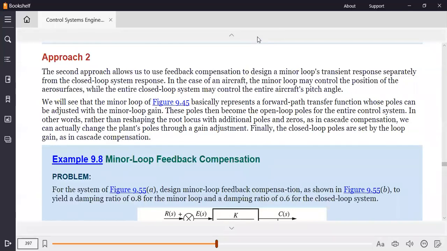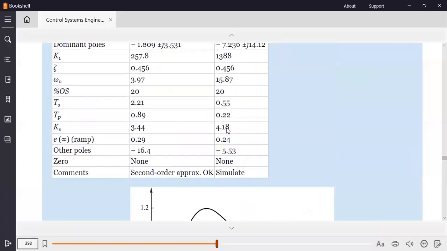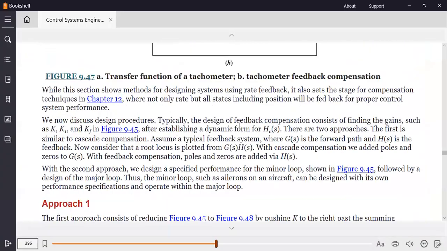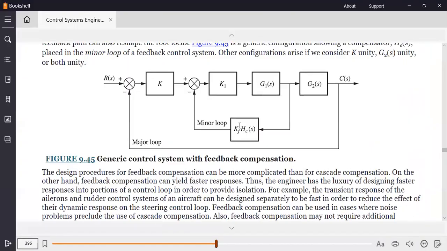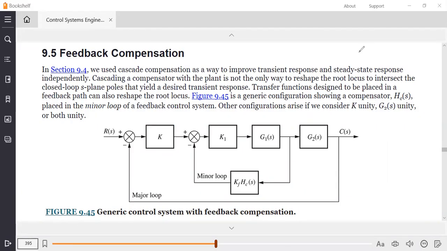For designing both of them separately, if you look at the generalized transfer function of your feedback compensation, what we're going to do here is consider this feedback portion separately, and we'll plot one root locus for this one, and try to figure out the design specification of this particular loop.